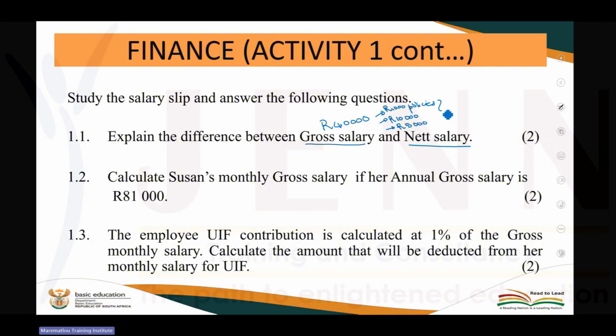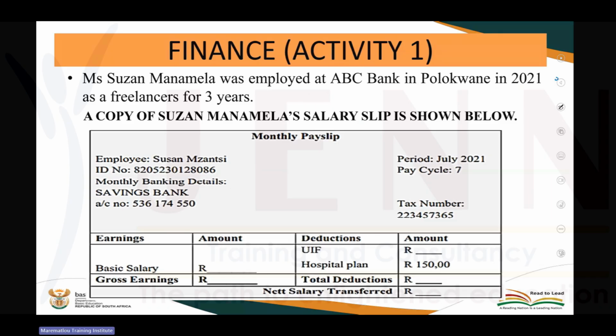And we said all in all, the deductions were adding up to how much? To 16,000. And I said, you take your basic or your gross, which is 40,000, you subtract 16,000 of the deductions.